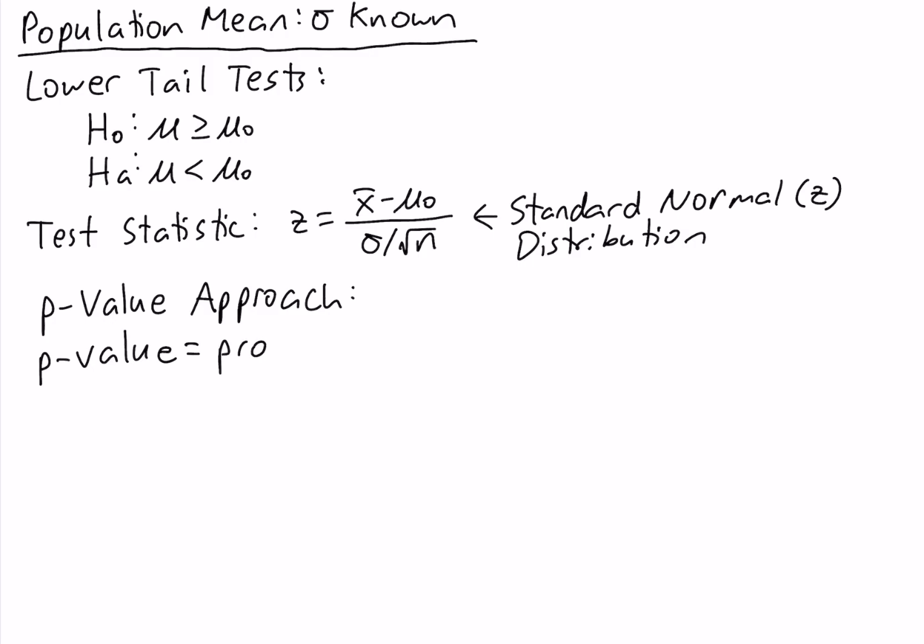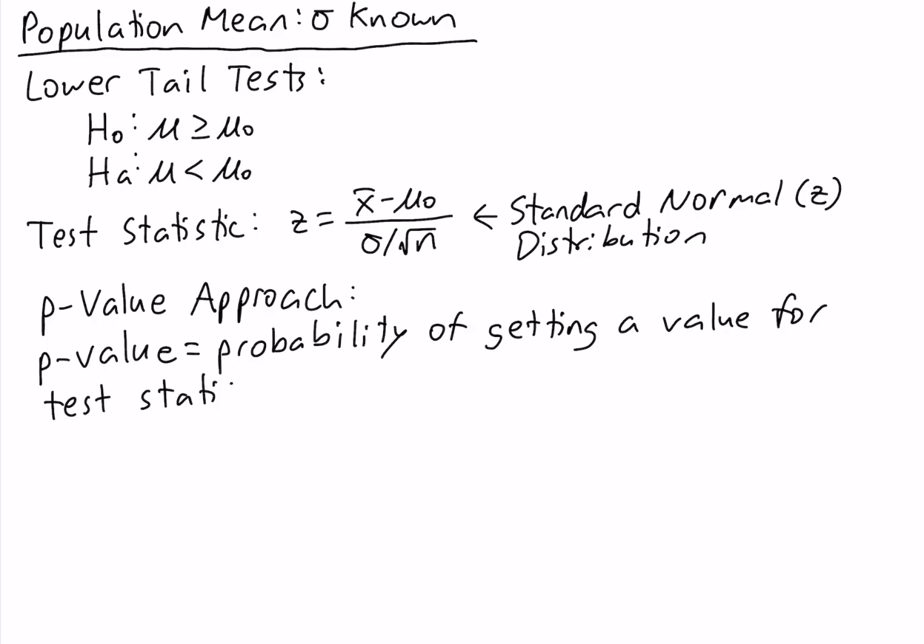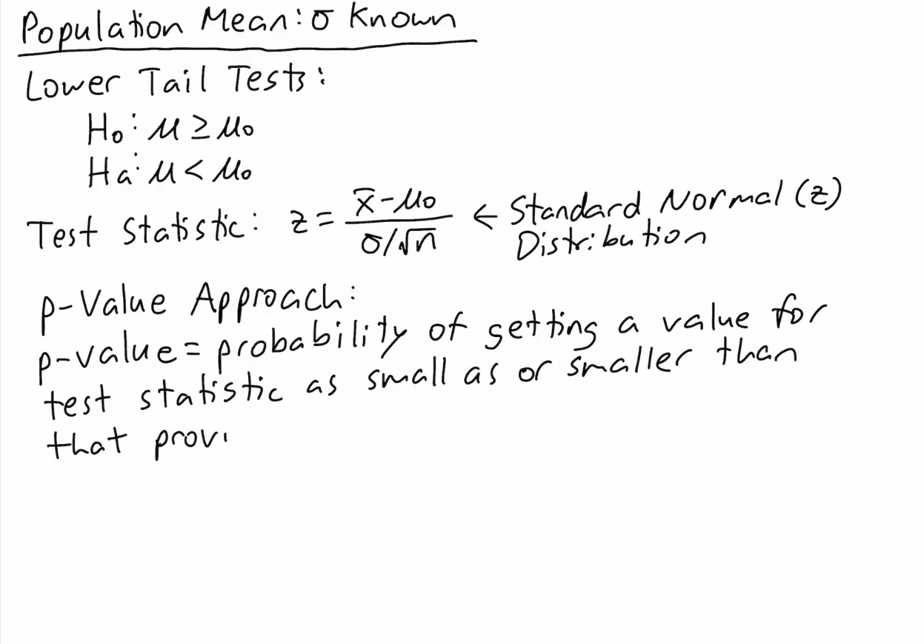The p-value in a lower tail test is the probability of getting a value for the test statistic as small as or smaller than that provided by the sample.